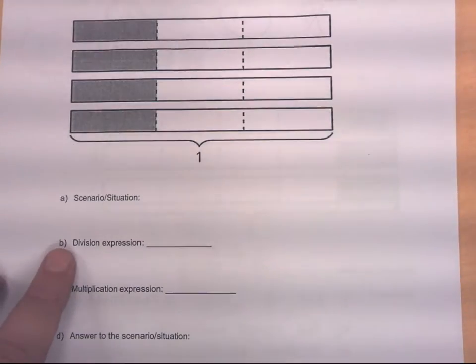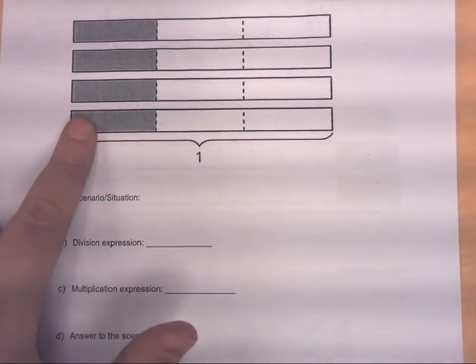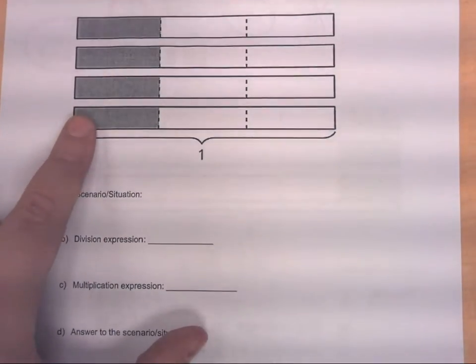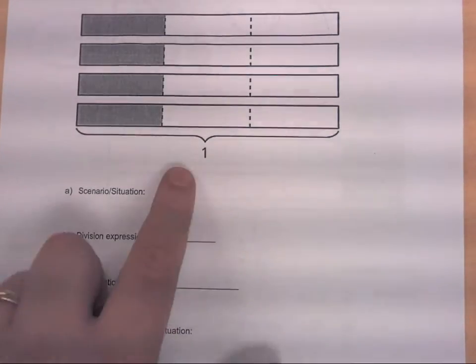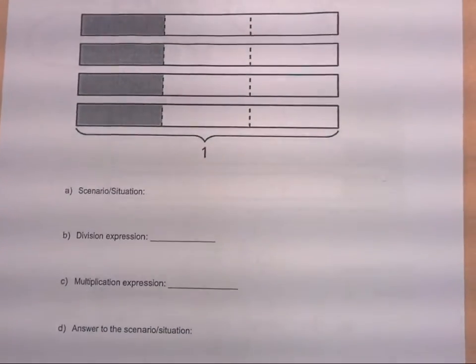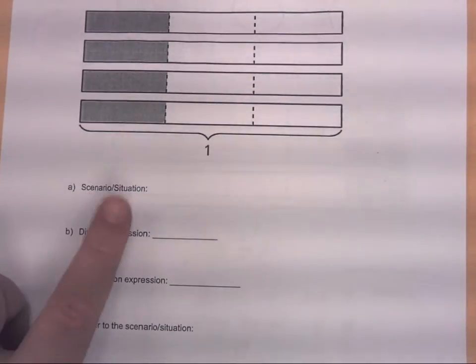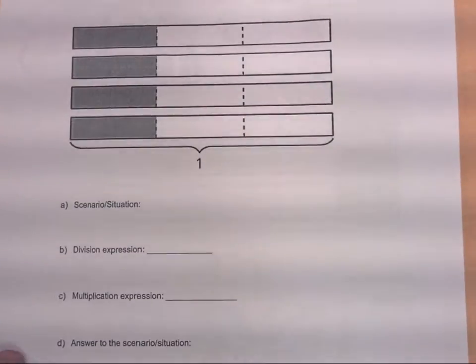They need to write a division expression that matches this diagram, as well as a multiplication expression. And then lastly, they need to answer the scenario or situation that they create.